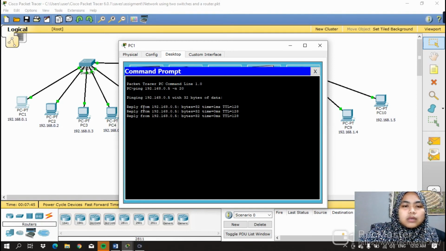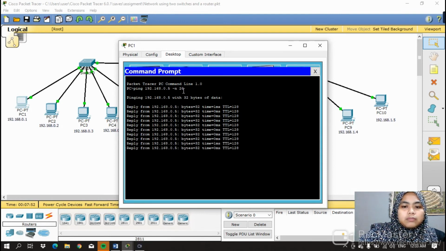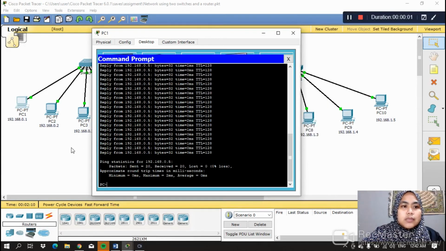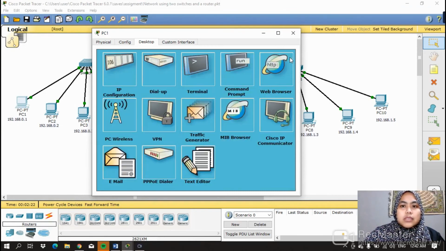Okay, this is the process for the ping for 20, because we request 20. For step 6, pinging PC1 to PC5, the ping shows successful and the echo request gets to the destination.